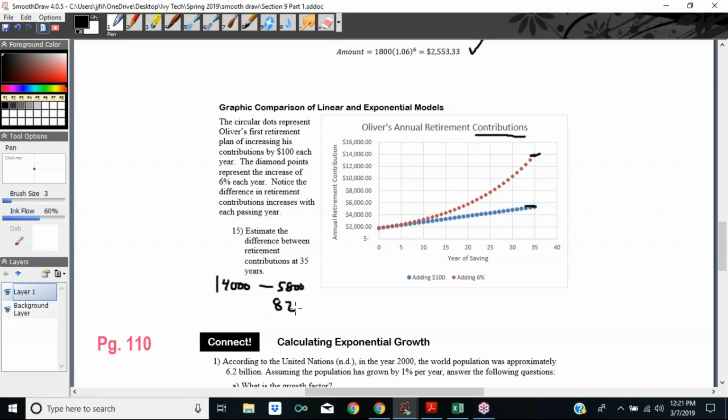So maybe approximately $8,200 difference. So after 35 years, Oliver would be depositing $8,400, $8,500, somewhere in there, more by increasing his deposit 6% each year rather than increasing it by $100 every year.